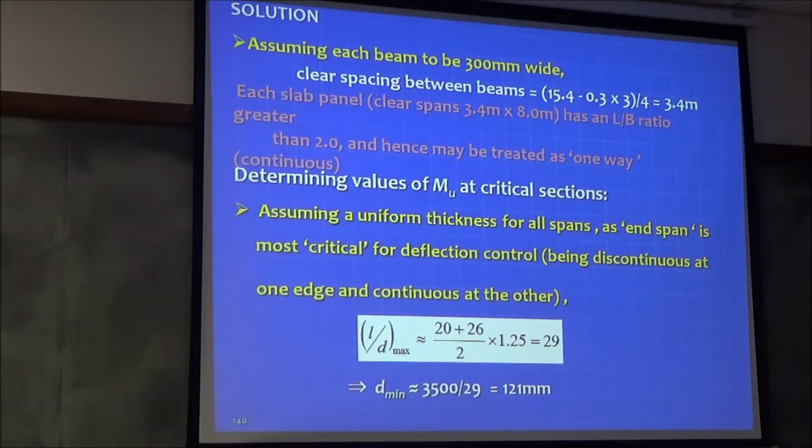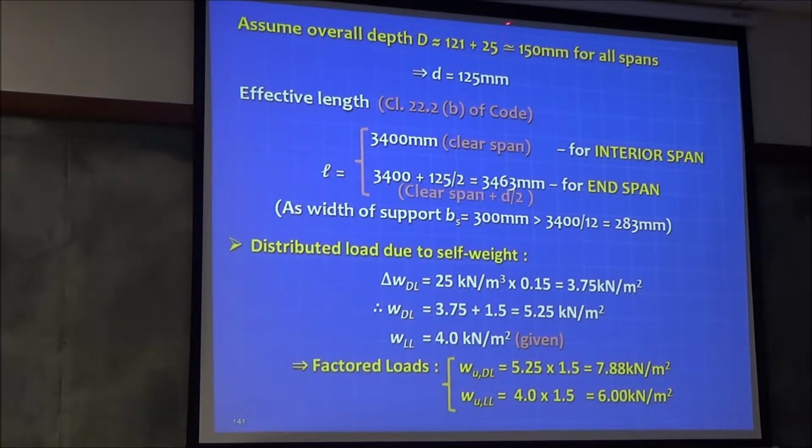Then assume a KT of 1.25, you got around 29, and so you get a minimum of 121. You add something for effective cover, round it off, make it 150, and then say effective depth is 125. Work out the effective length more accurately. Now for the interior span it's this, for the end span it's this.